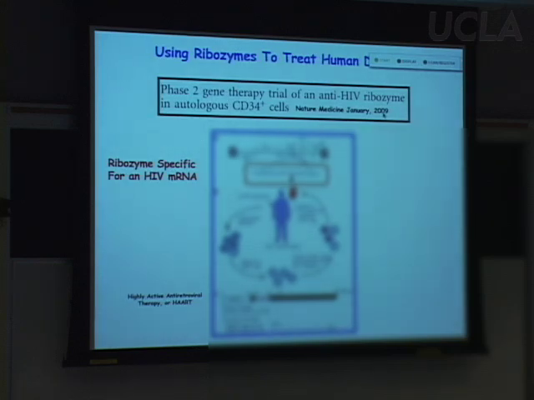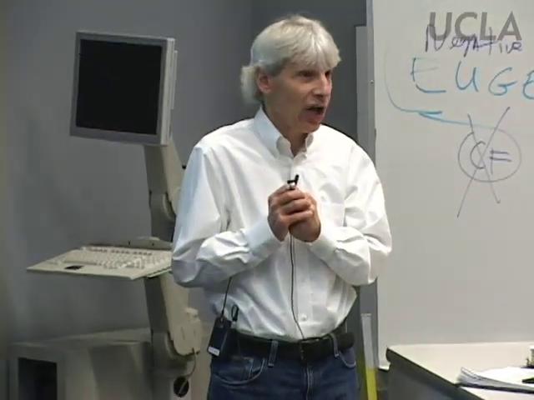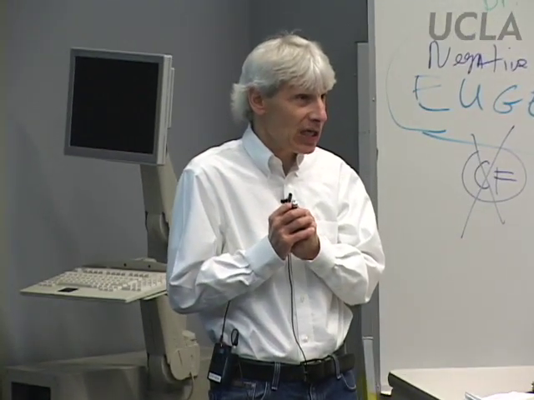They used gene therapy to introduce this ribozyme into white blood cells from patients, volunteers that have HIV, and this ribozyme then was expressed, and when a particular message was there that was necessary for the functioning of the HIV virus, it destroyed it and was able to keep these patients with a very low viral load in the absence of any drug therapy.